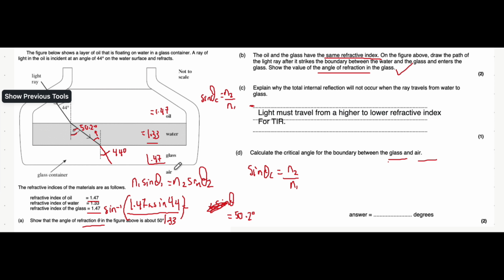So remember, where it's going to is what we call n2, and where it's coming from is what we call n1. So in this case, it will be the refractive index of air, which it doesn't give in a question sometimes, because we always assume that it's 1, and we divide it by the refractive index of glass. Air is the only refractive index that we sort of assume. From here, you do the inverse sine on both sides, and you get the critical angle.